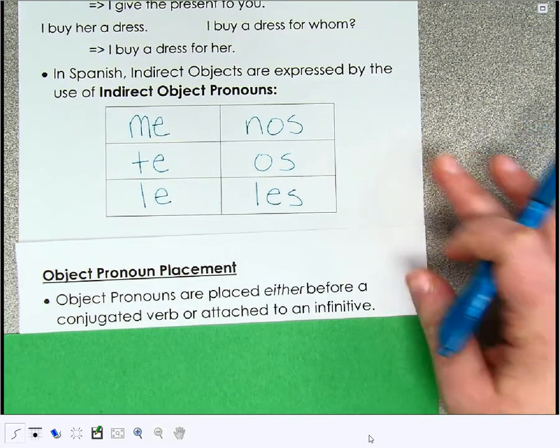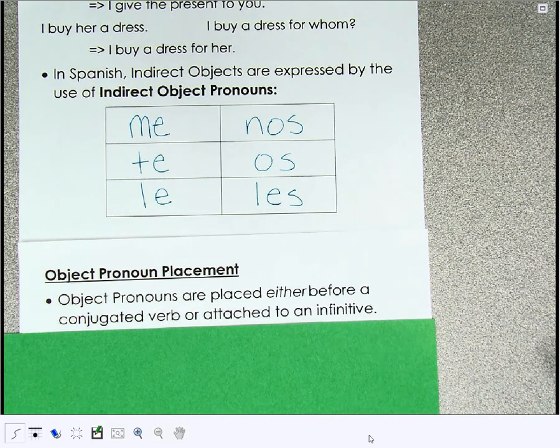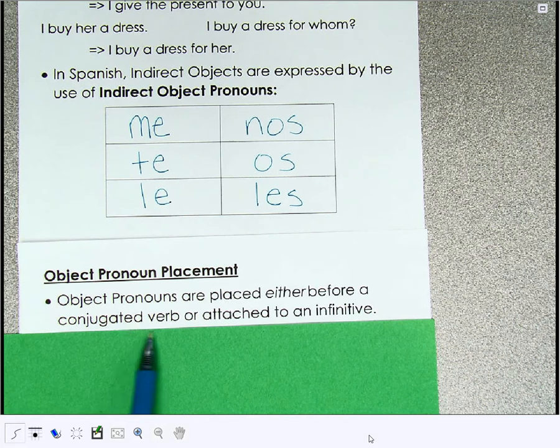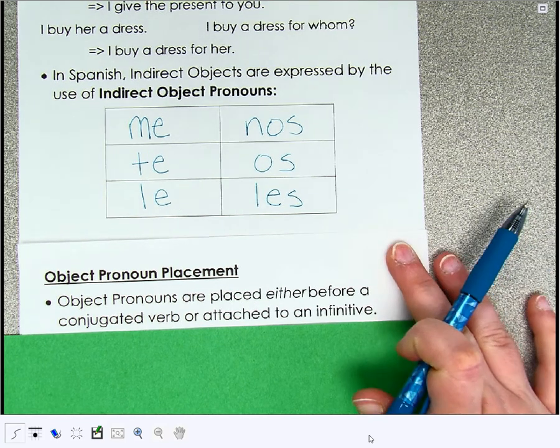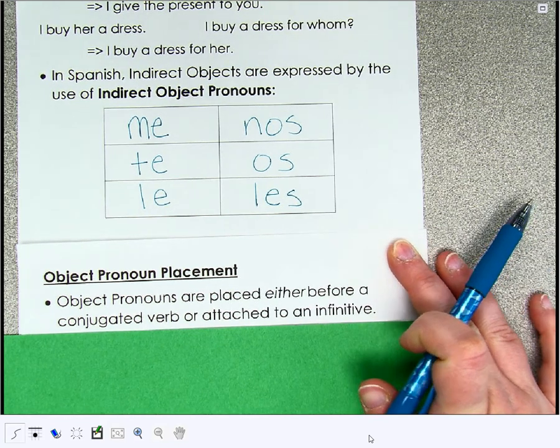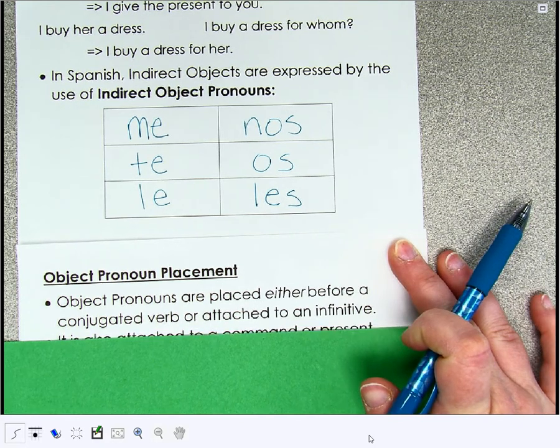So object pronouns are placed either before a conjugated verb, which is what we have been doing, or it can be attached to an infinitive. And we're going to look at examples of that today and then over the next few days. Okay, so there's two places they can go, before a conjugated verb or attached to an infinitive.